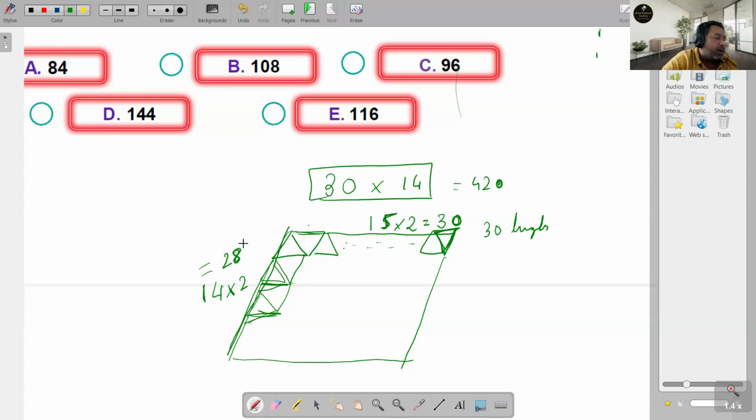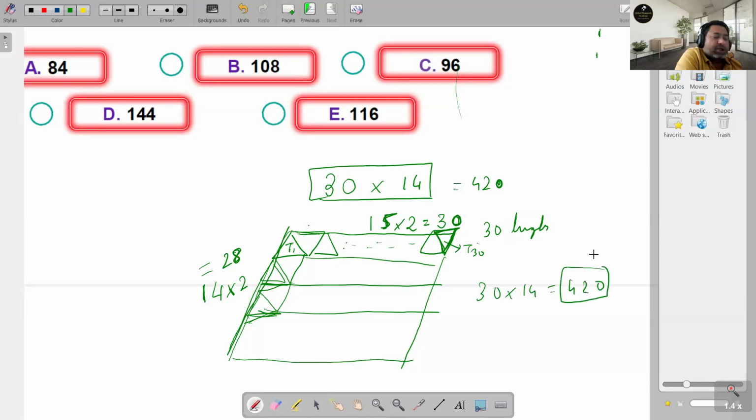Now understand this. We have 30 triangles like this. This is triangle 1, and the last one will be triangle 30. We have 30 triangles, and like this, we have 14 rows. So 30 times 14, we have 420 triangles, which we have used up, and which are non-overlapping as well.